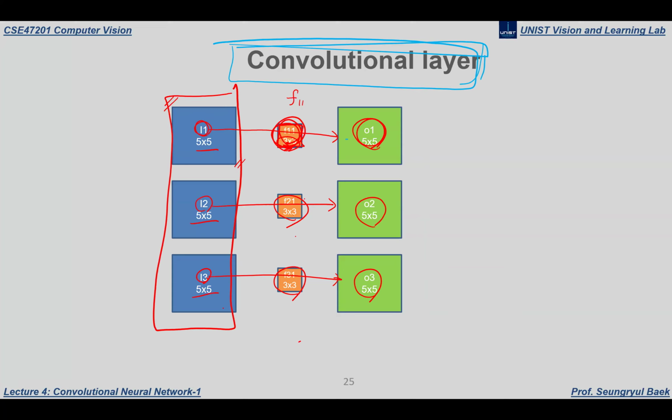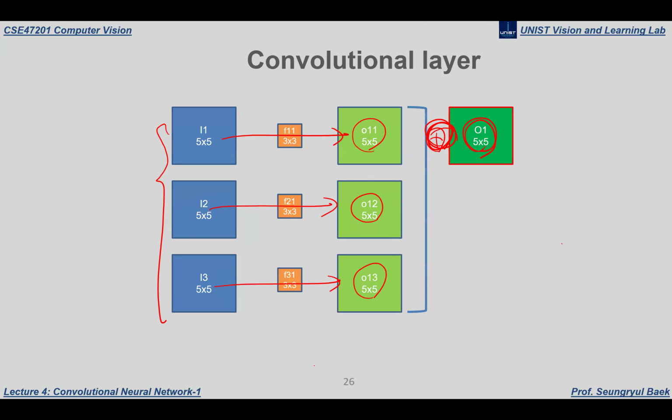And this means mapping the second input channel to the first output. So this is O2, but this index means the output channel index. So this is the first channel of the first output, and this is the second channel of the first output, and so on.